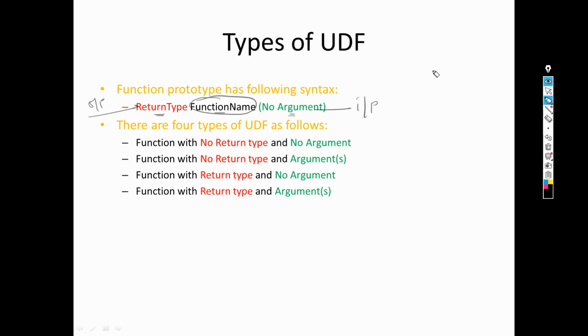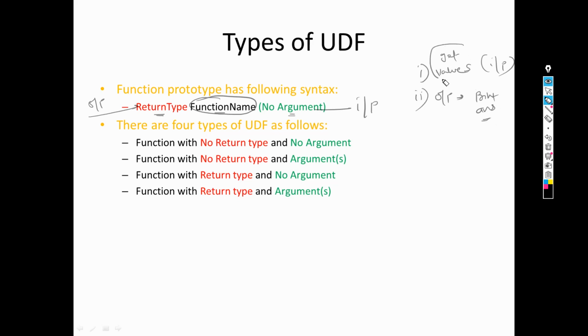So there are two tasks. One is that the UDF should get values, or we can say input. And second, the UDF should give output, or we can say it should print the answer, whatever the answer is that is to be printed.